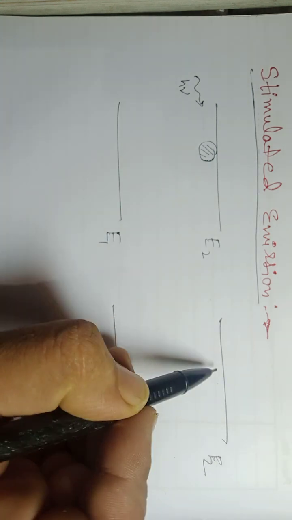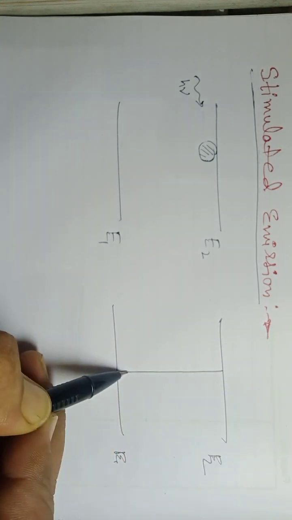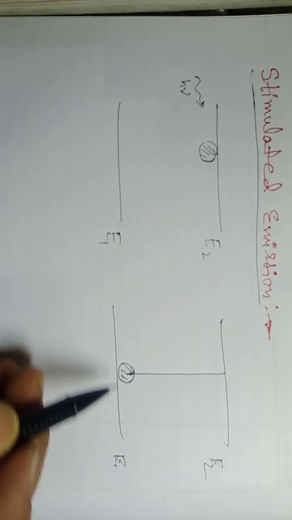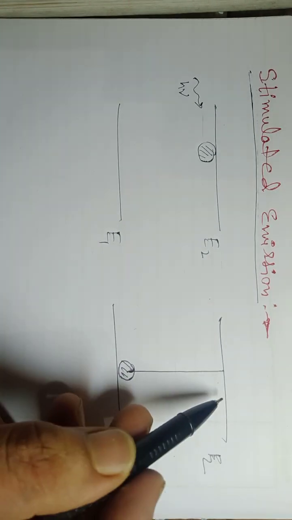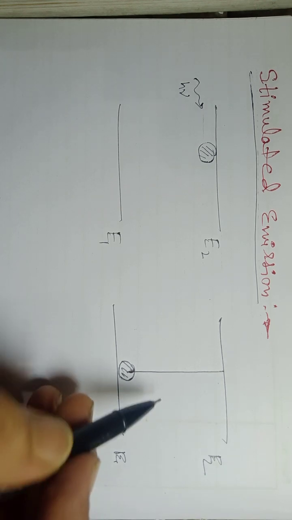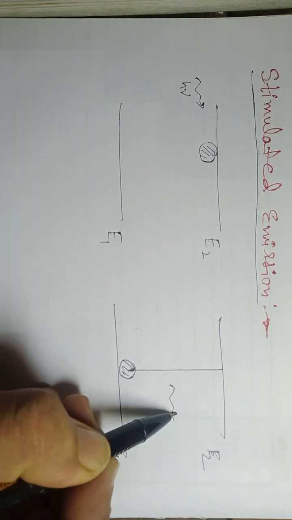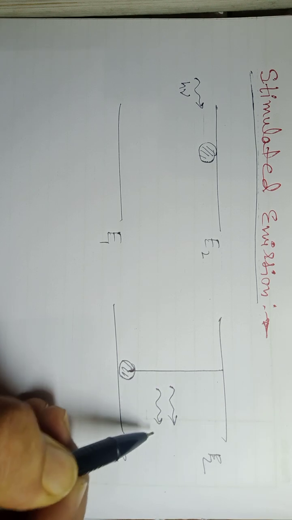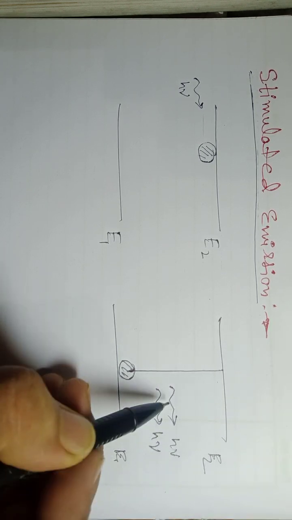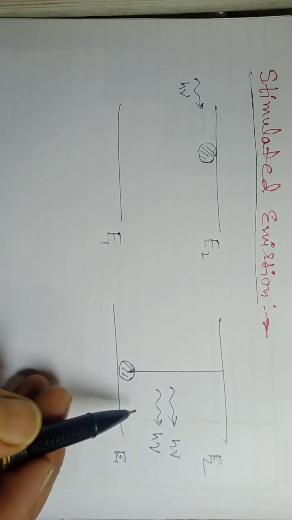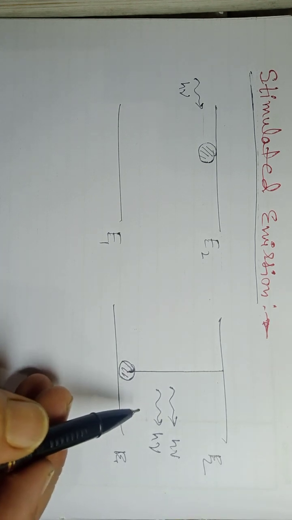jumps from E2 to E1 according to Einstein, and in this transition there is a forced emission of another photon which is identical to the incident photon in all respects.